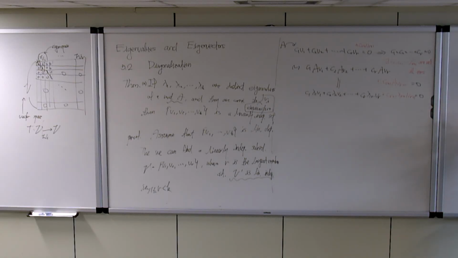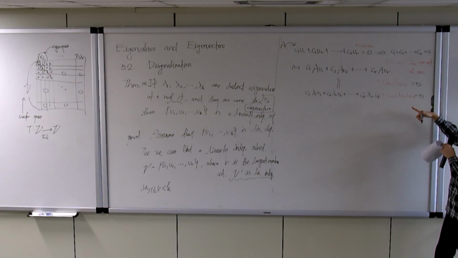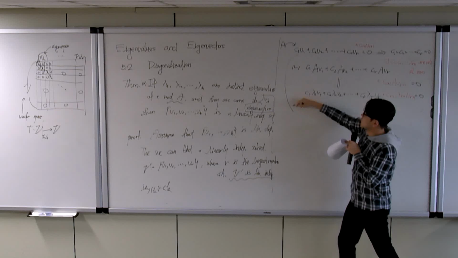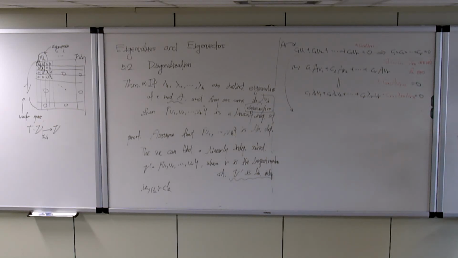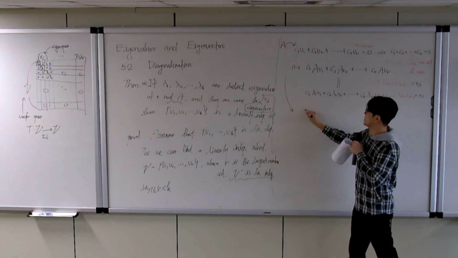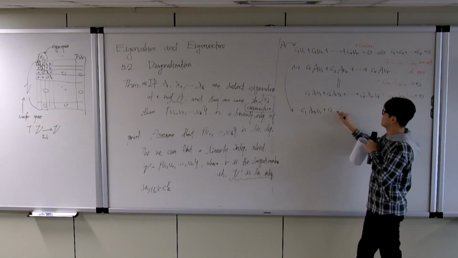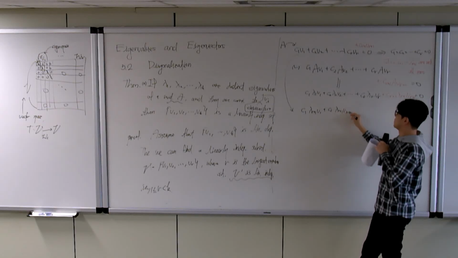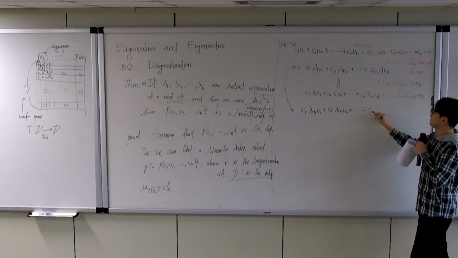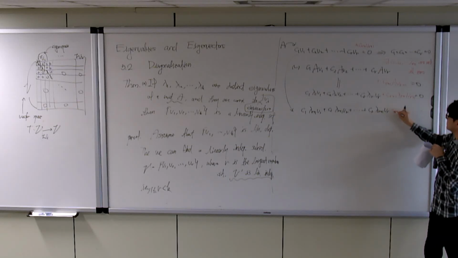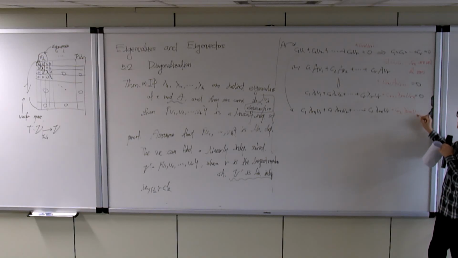From this we get the information that c(r+1) lambda(r+1) v(r+1) is equal to 0 by star. And since v and lambda are an eigenvector and an eigenvalue, they are not 0. That means c(r+1) would be 0.